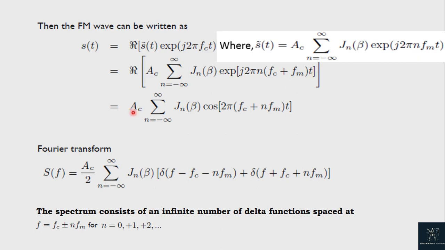So s(t) is equal to A_c into summation from n equal minus infinity to infinity J_n(beta) into cos[2 pi (f_c + n f_m) t], which is the equation of wideband FM.